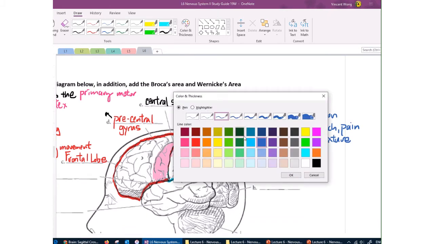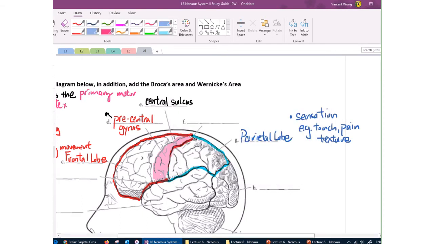Now, at the front of the parietal lobe, behind the central sulcus, is another important region. Okay, so this region, you can probably guess the name, is the post-central gyrus. Okay, and this post-central gyrus contains another important area.